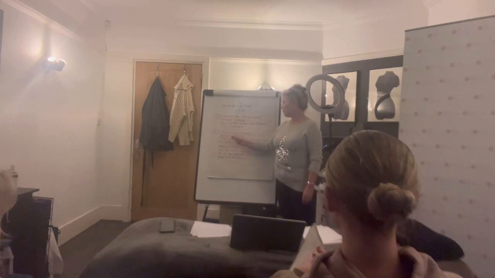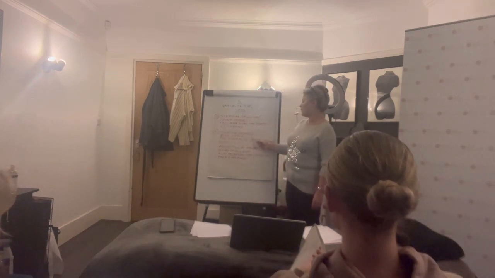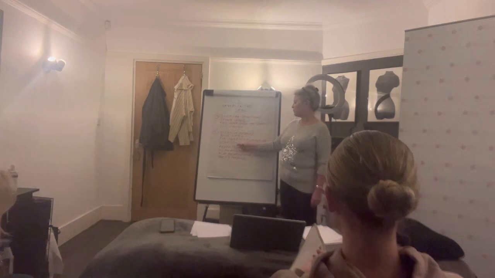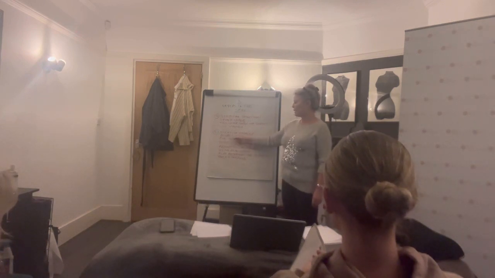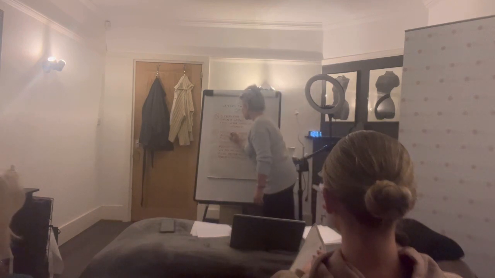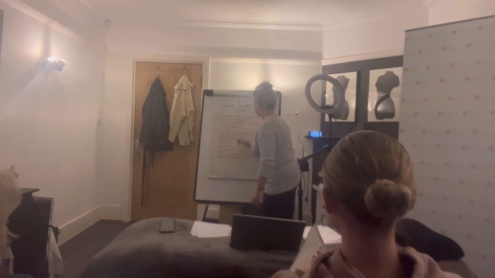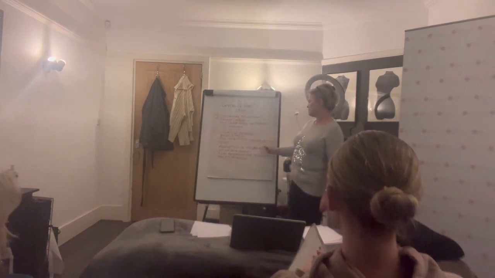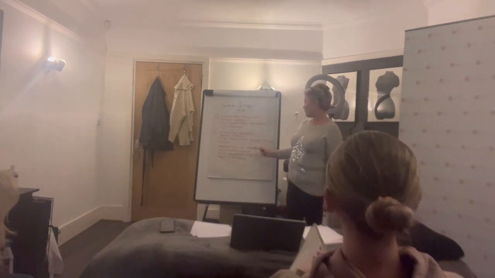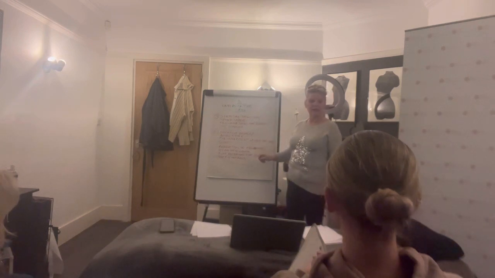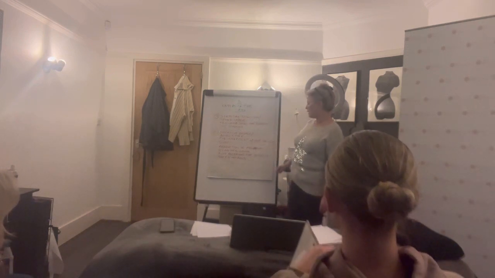Then we'll move to number 5, which is the stratum basale, or the basal layer. Again, you can actually use the basal layer here. I'm just going to change that to an A and an E there. And that's the innermost layer of the skin. So you can't see any of these layers underneath, but they are there.